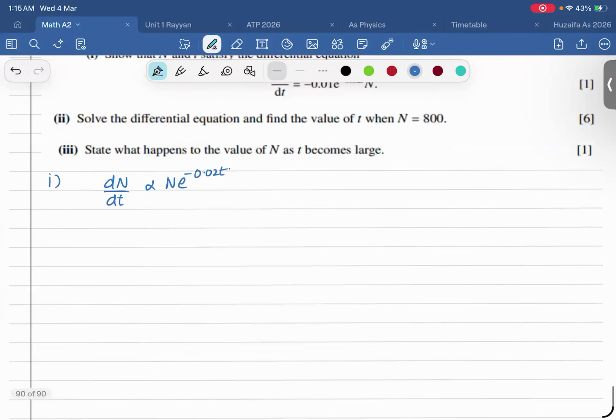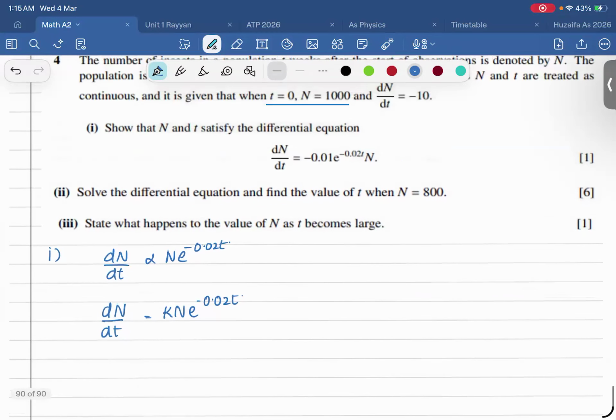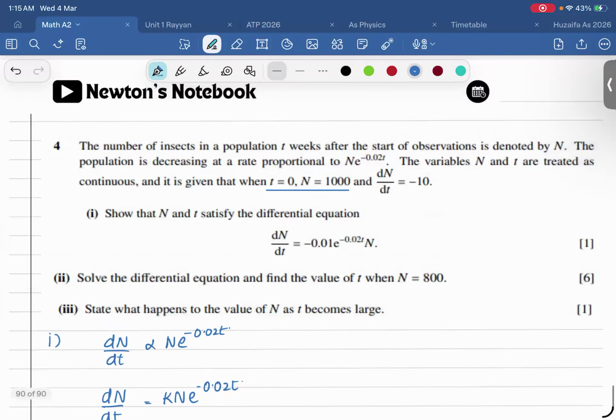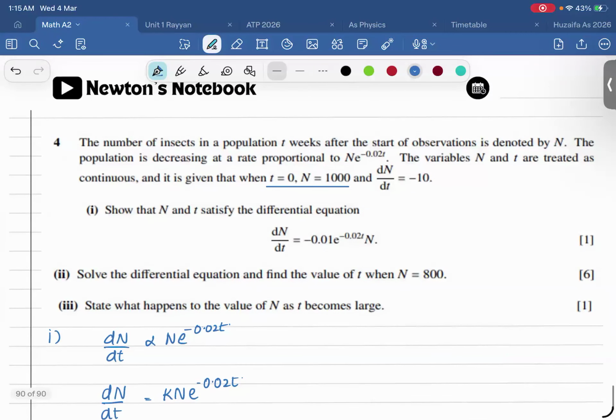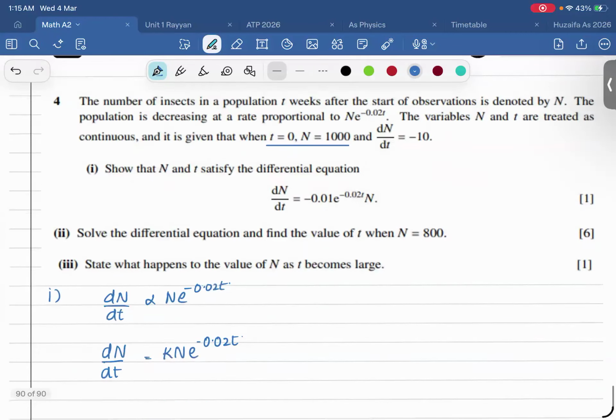Now just remove the proportionality and change it with the equality. So it will be just k N e to the power minus 0.02t. And they're saying that dN over dt is negative 10.